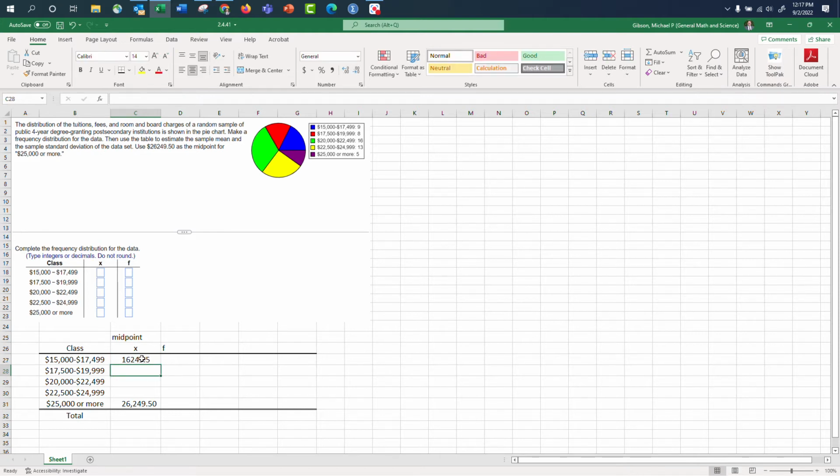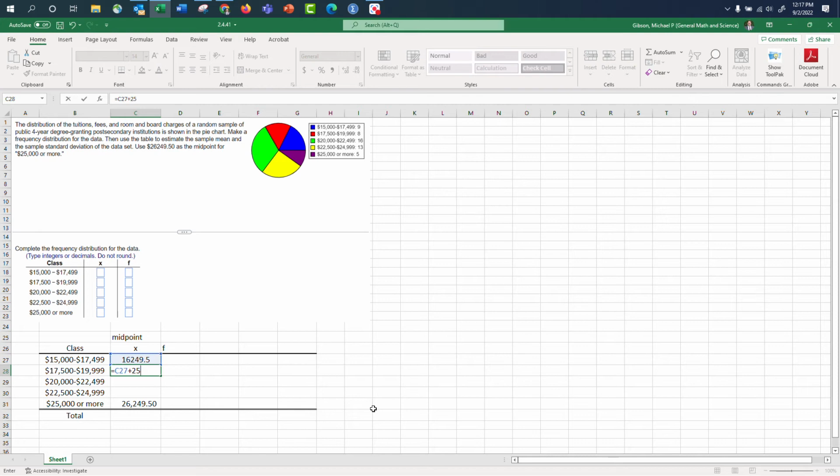Now, if you notice, we could do the same thing for each. We could do the 17,500, but you'll notice the distance from the lower class limit 17,500 is $2,500. So once we find the one above, we can just add 2,500, the class width, to the one above.